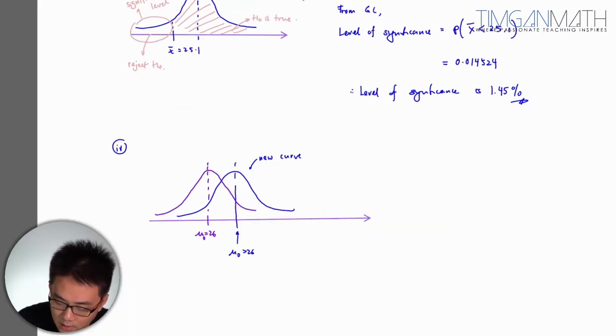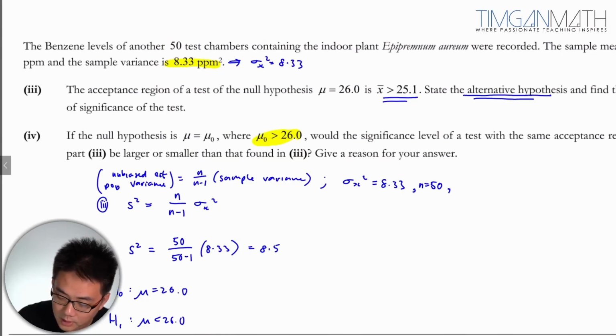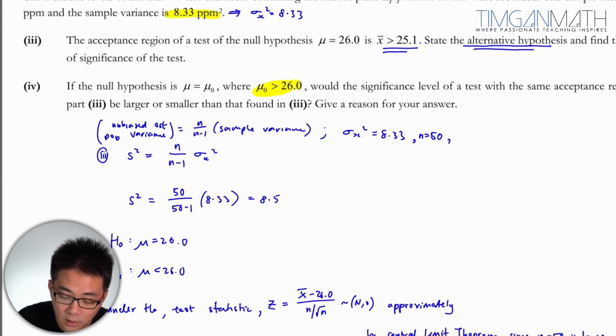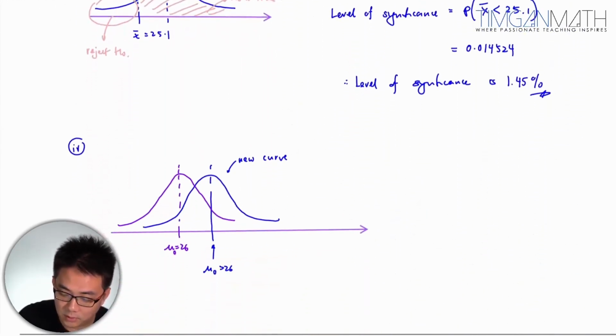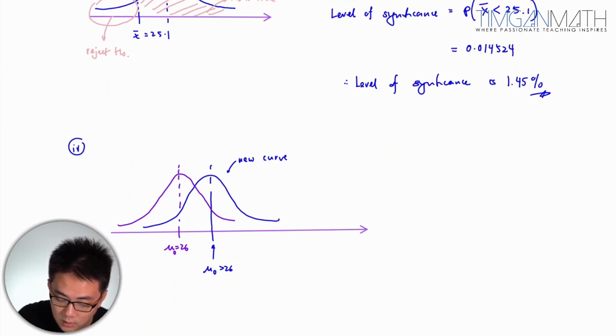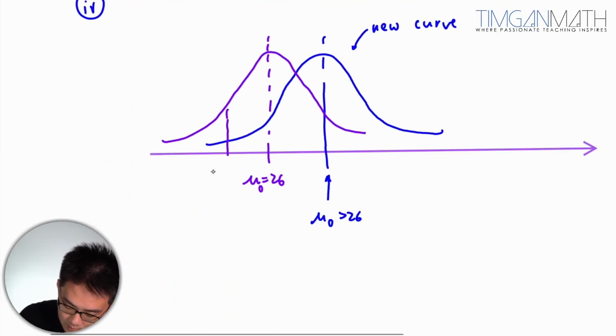Now the question is, with the same boundary and the same acceptance region of 25.1, we're going to use the 25.1 here.